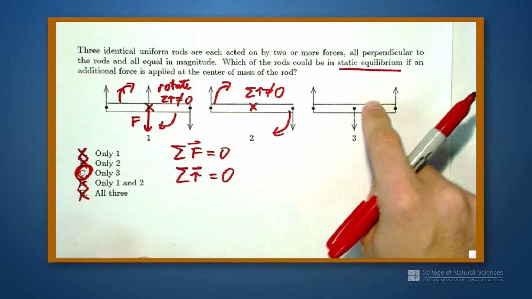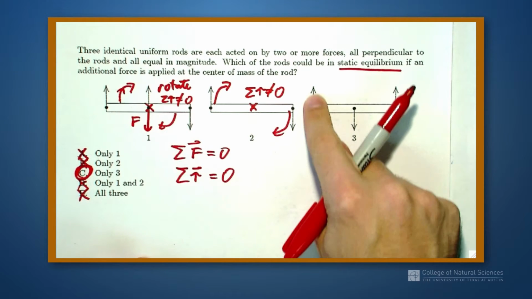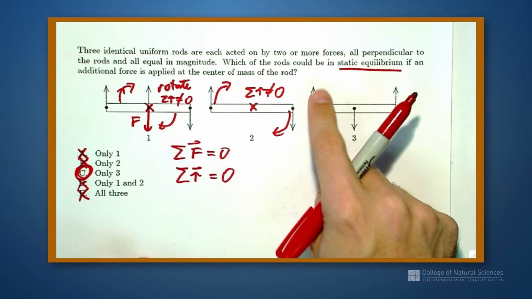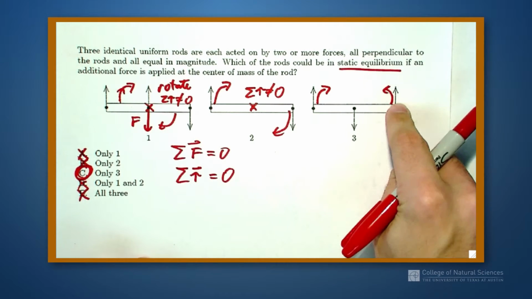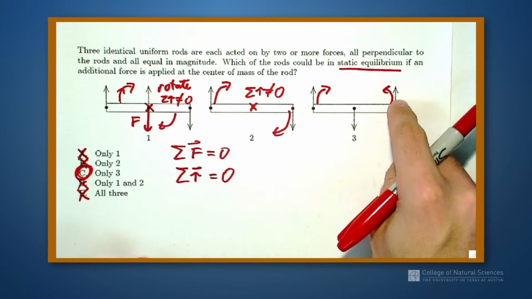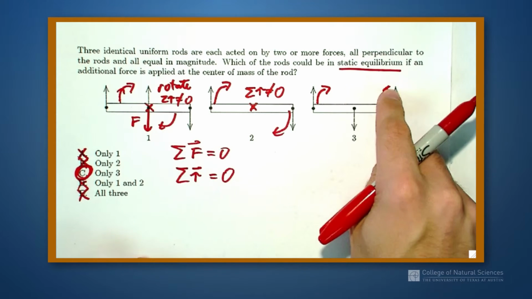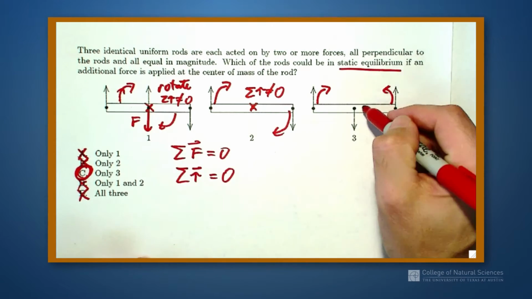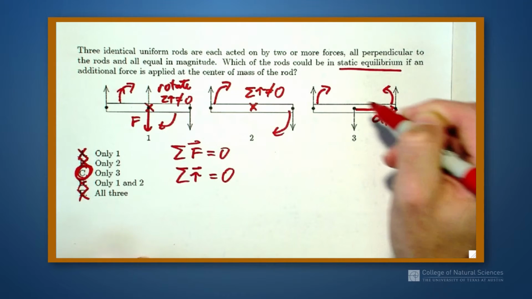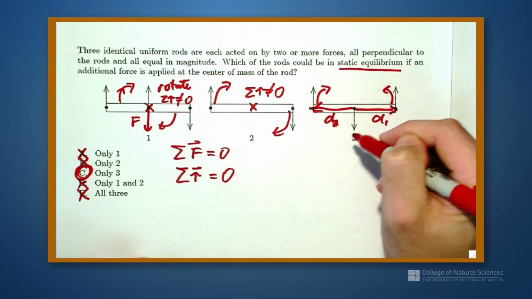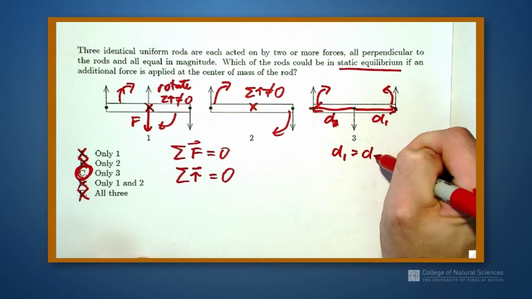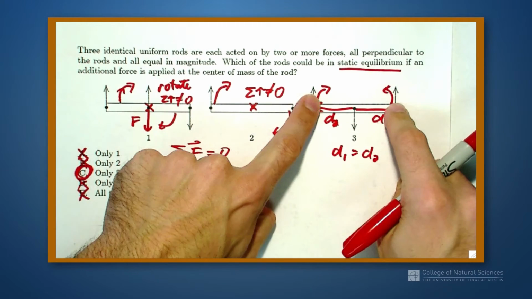So let's check this. This force right here is going to cause this one to rotate in this direction. This force is going to give me a torque that's going to want to rotate in the counterclockwise direction. So these are going to cancel each other out because they're the same distance away. D1 and D2 are equal because they're at opposite ends.